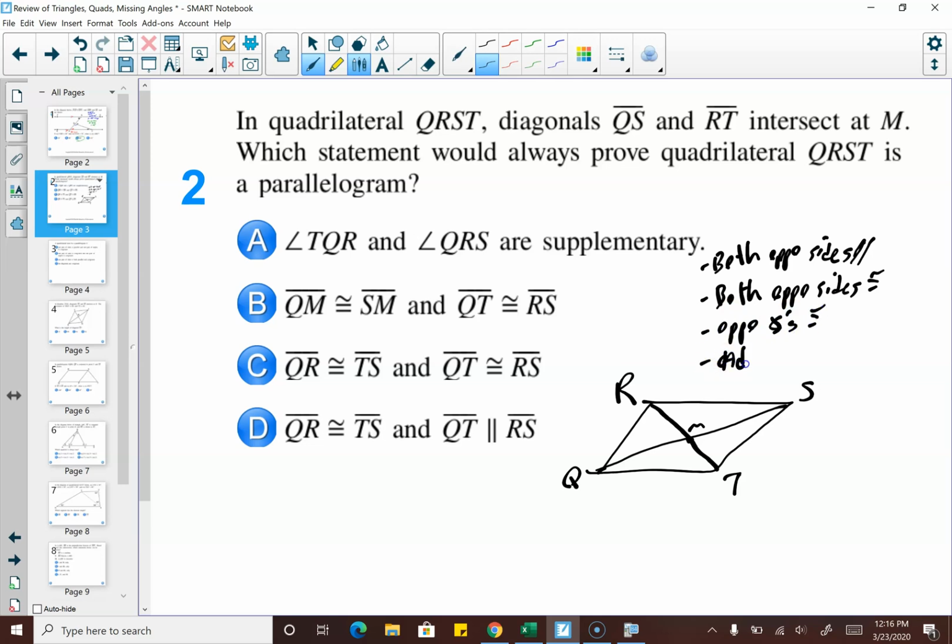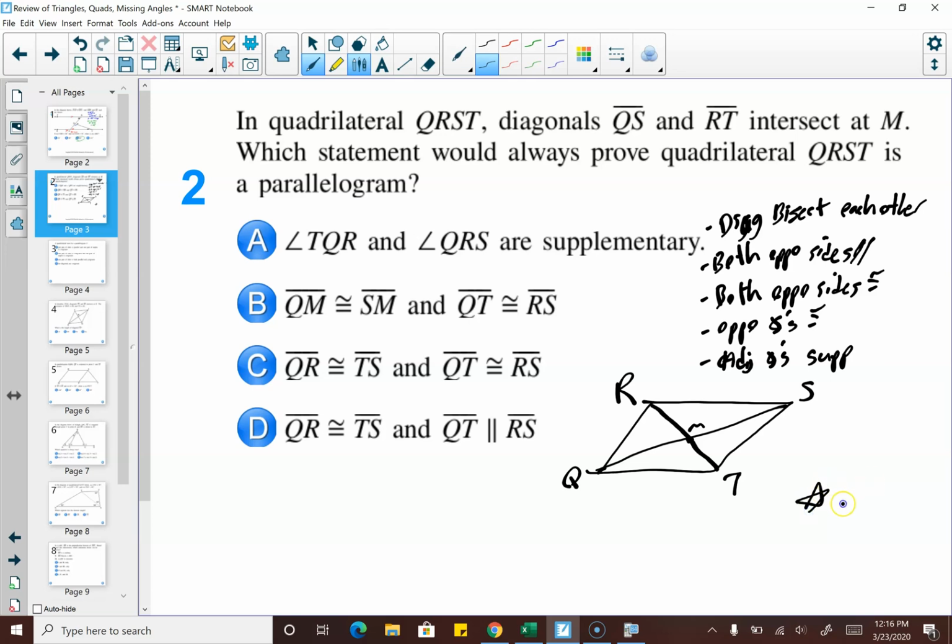We have adjacent angles are supplementary, and again, that's all of them. This is only an example of one of them, though. And then our last one I'll put up top here is the diagonals bisect each other. All right, so those are our 5 properties.